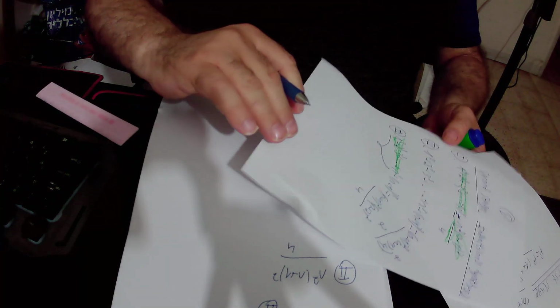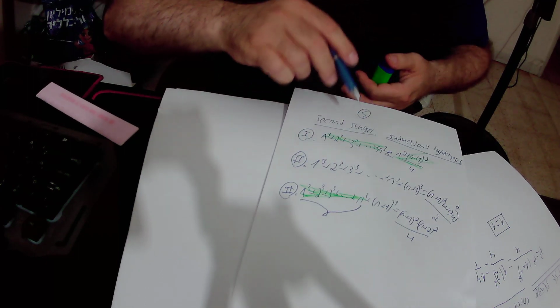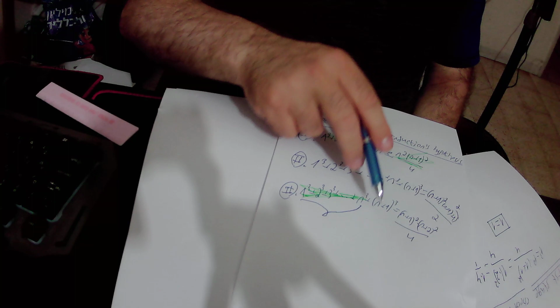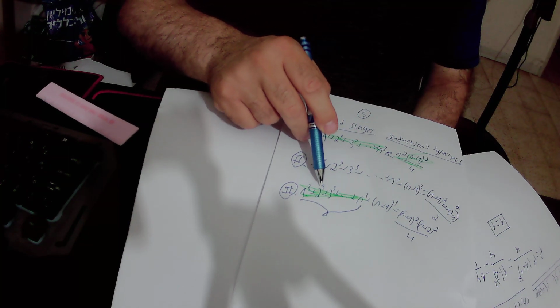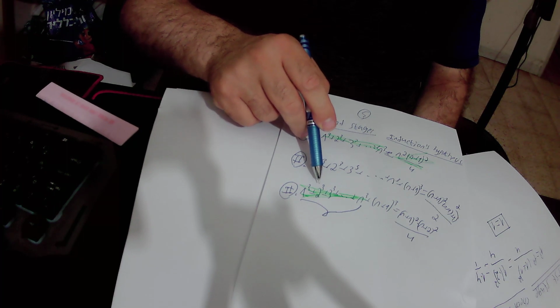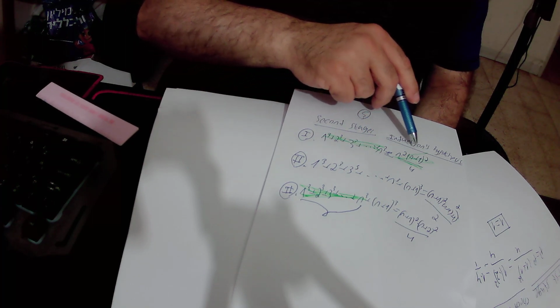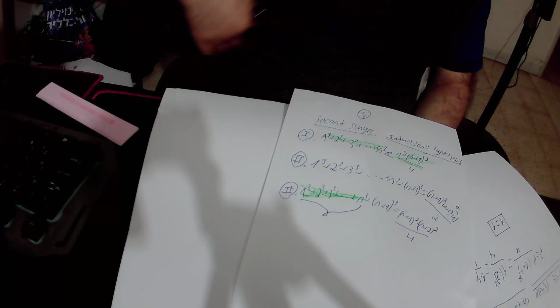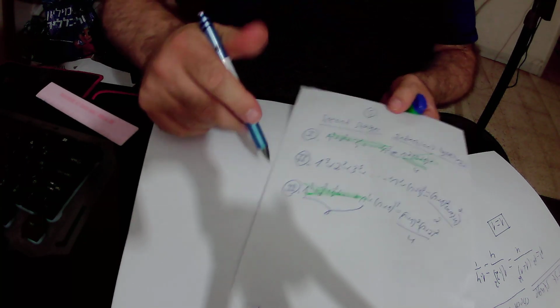and the rest part of the equation we will copy it as it is. The only thing that we will do is to change this expression by n squared times n plus 1 squared divided by 4, and we will copy the rest of the equation as it is.